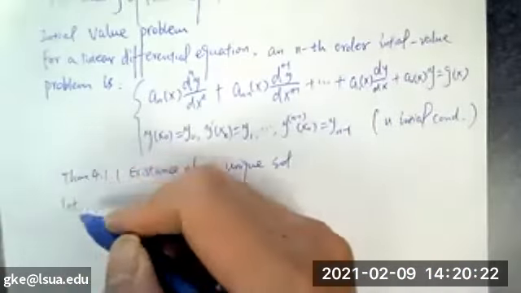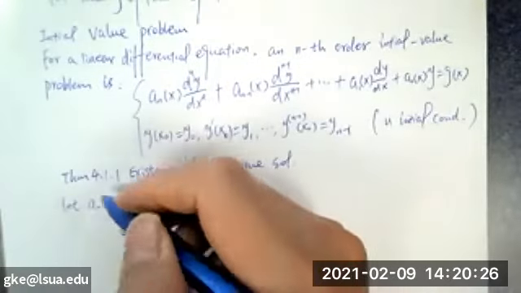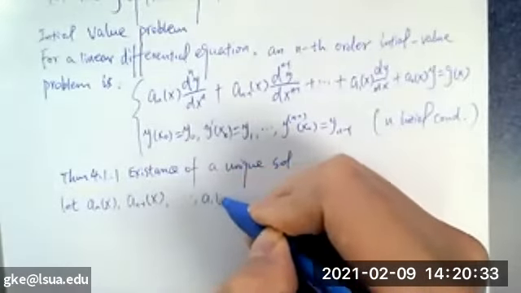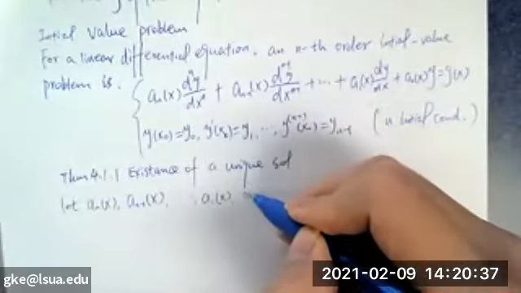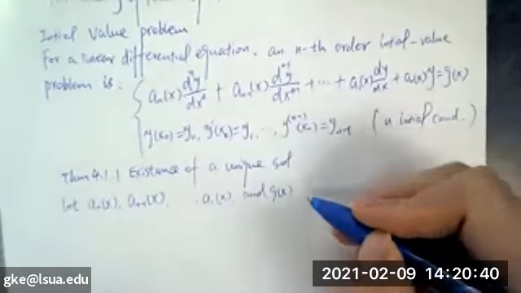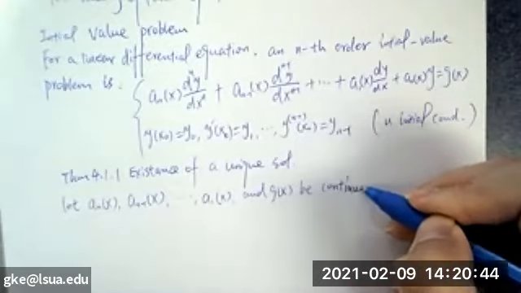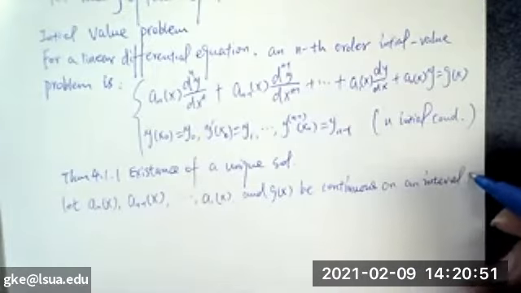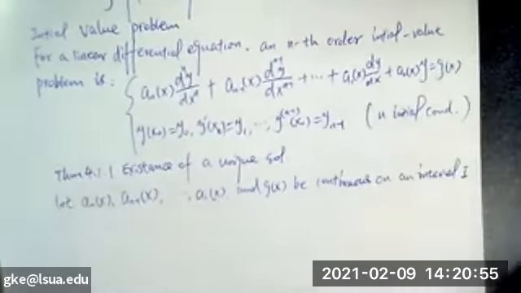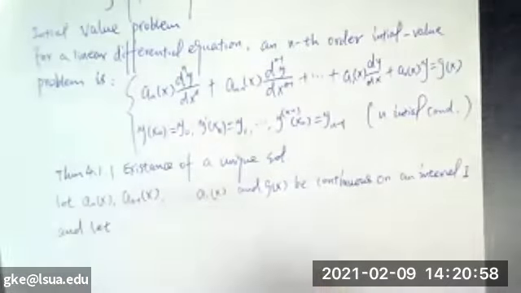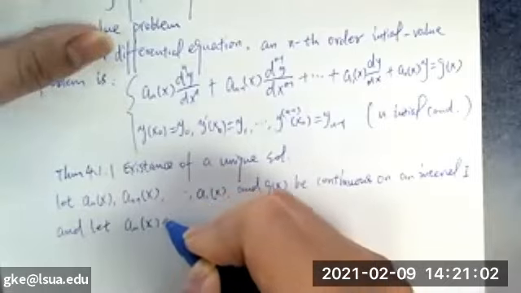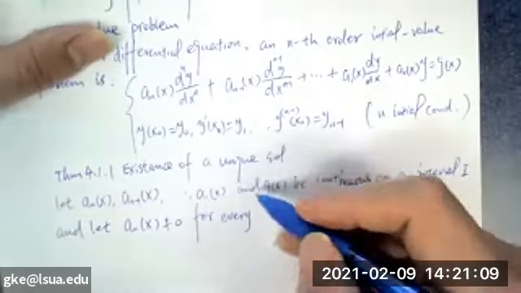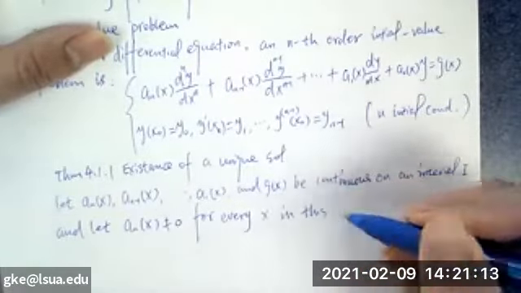Let a_n(x), a_{n-1}(x), ..., and g(x) be continuous on an interval, and let a_n(x) not equal 0 for every x in this interval.